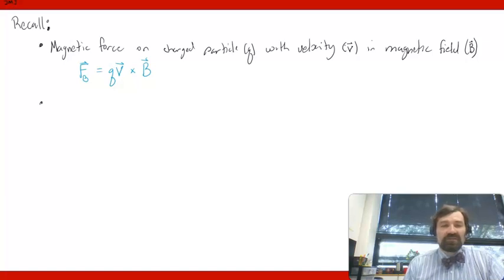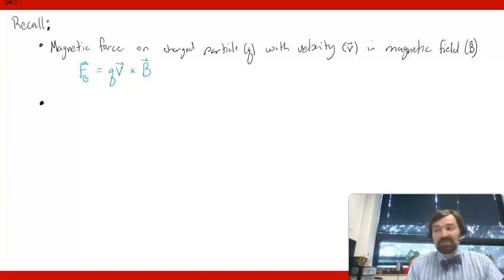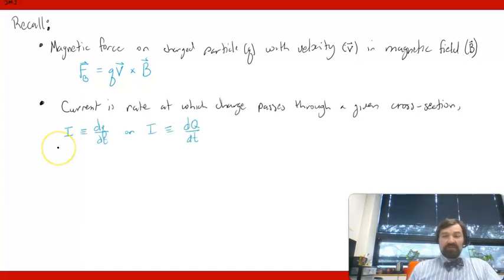The second thing that we need to recall is that current basically consists of a bunch of moving charges. It's the rate at which charge passes through a given cross section per unit time, but for our purposes here, it means we could envision current as involving a whole bunch of moving charged particles. Thus, current I is dq dt.